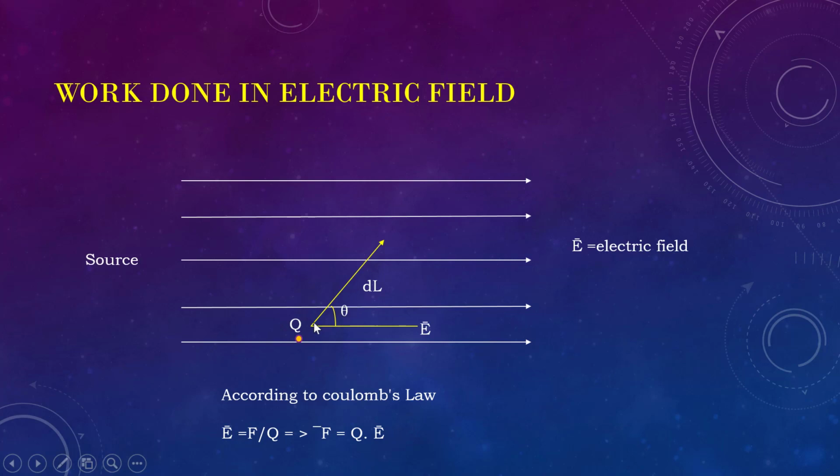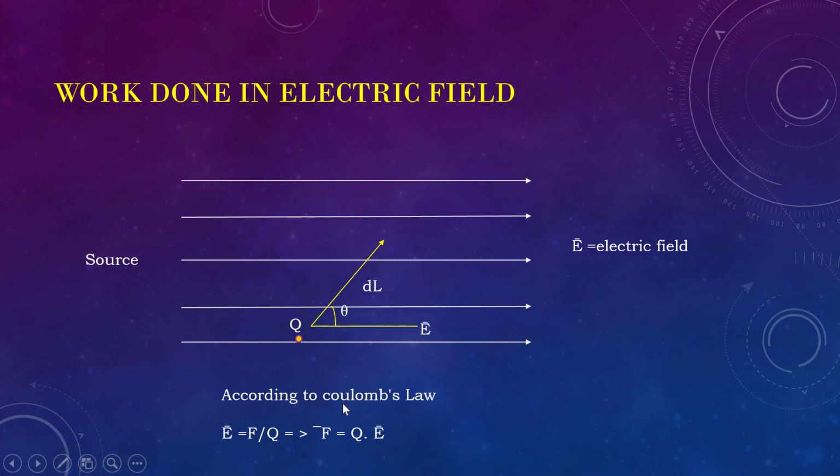We have to apply an exactly equal and opposite force so that this charge can be moved through a distance dl. For that we have to apply a reverse force to the one already existing in this direction.